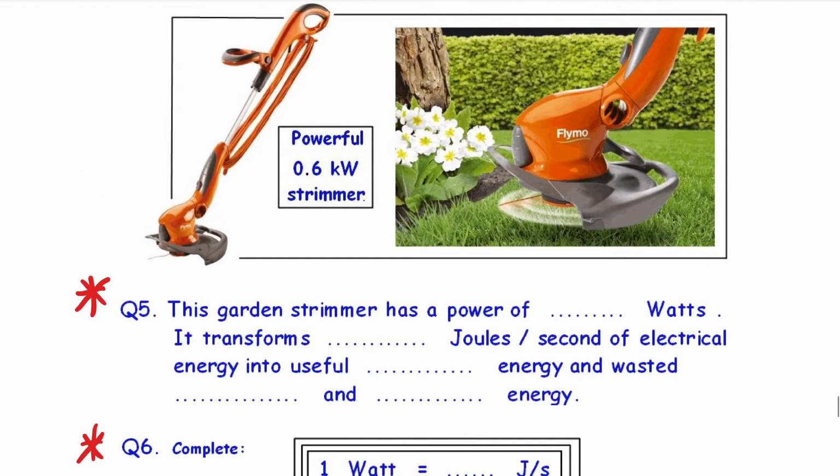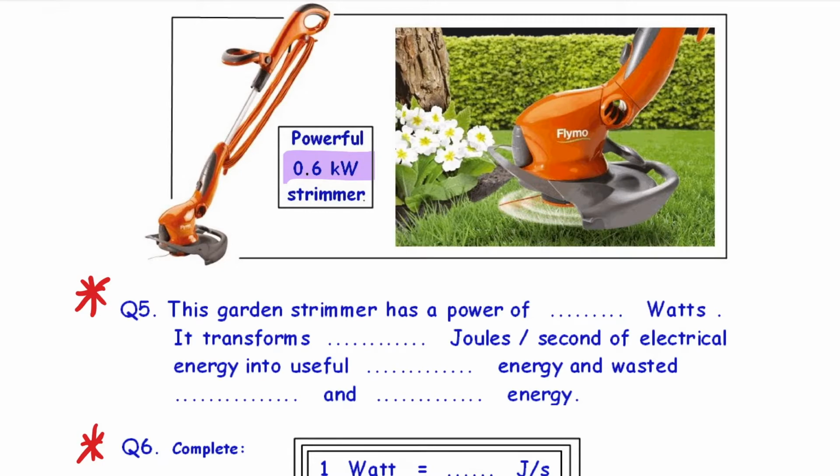I'll go through question 5 with you. The garden strimmer has a power rating of, look up above, you've got to convert that 0.6 kilowatts into watts.